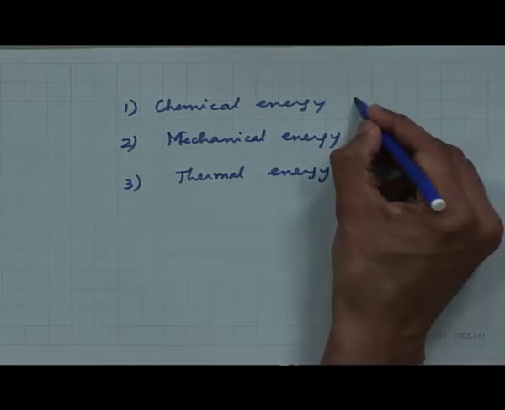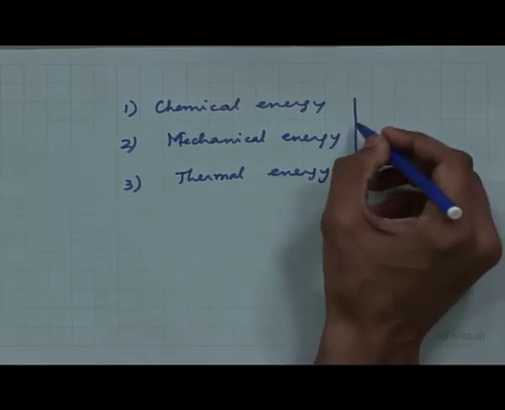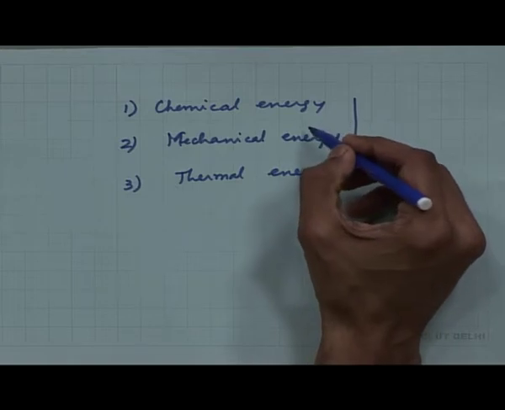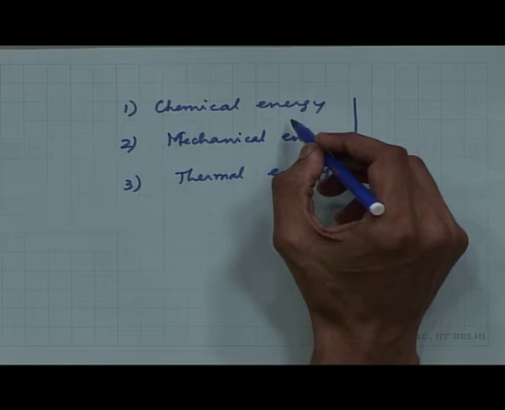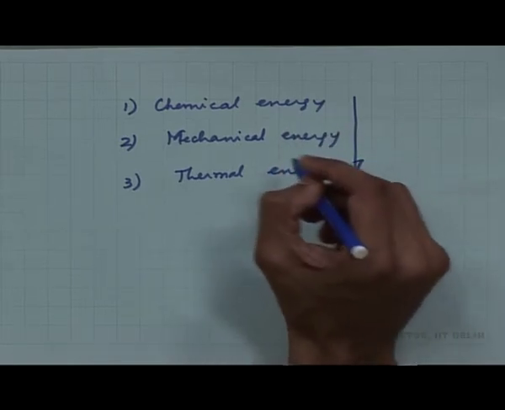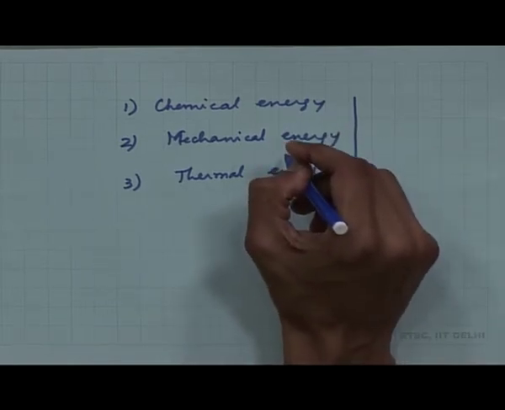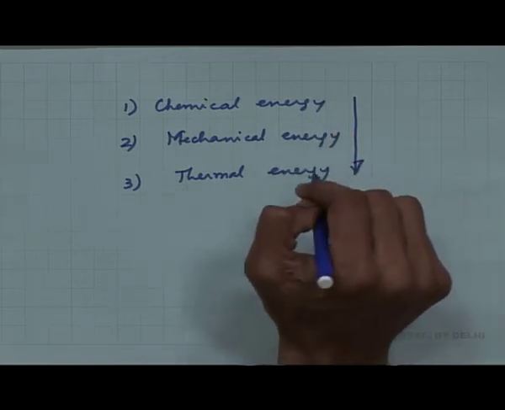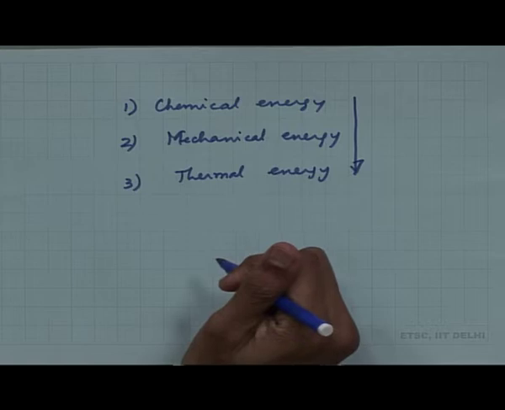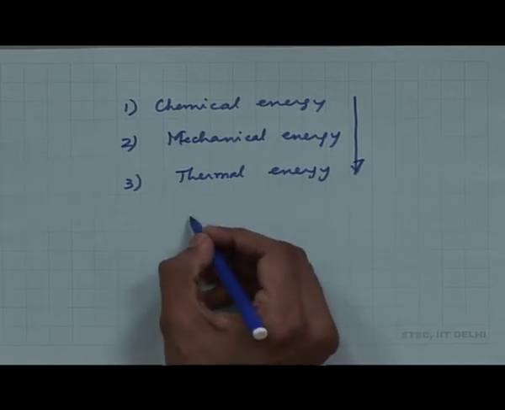So, these are three things that you require, and what we are trying to do is to try to do this most efficiently. So, minimize the amount of chemical energy, which is the surfactant, minimize the amount of mechanical energy. Just adding surfactant is not enough.